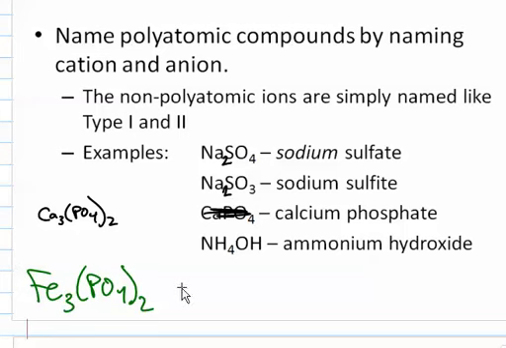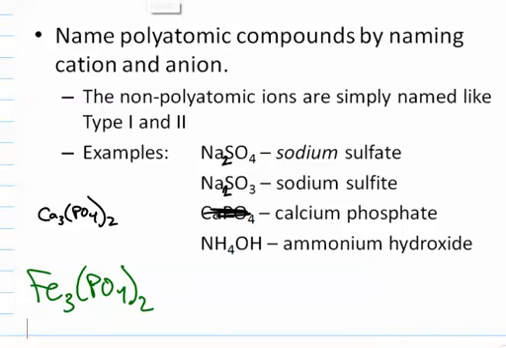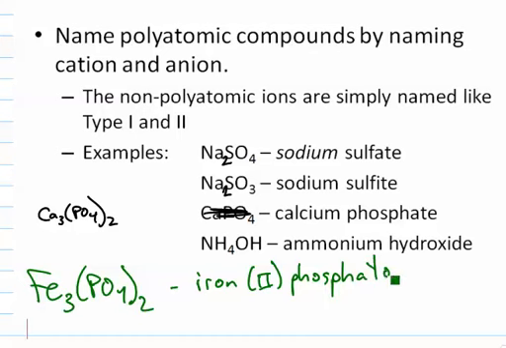And so in our systematic name, we will call this iron(II) phosphate, or in our classical system, we would call this ferrous phosphate.